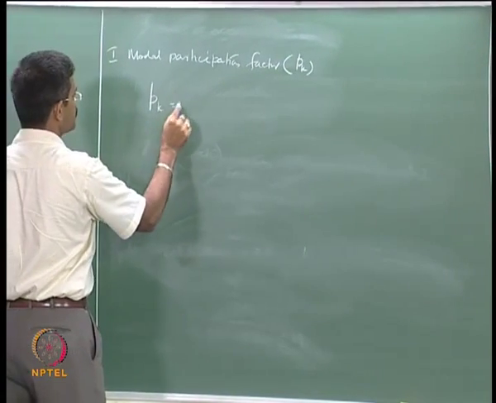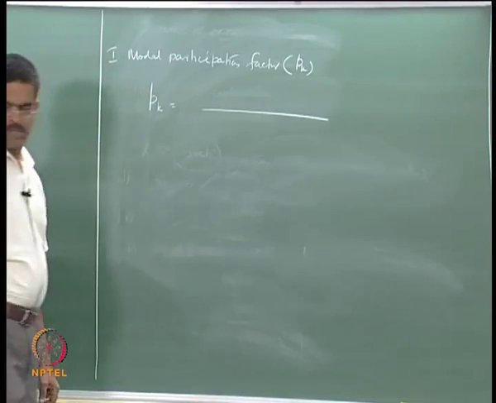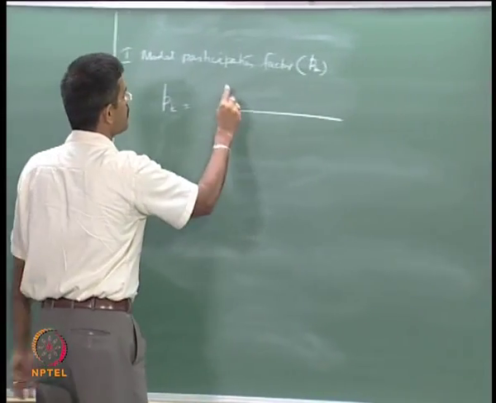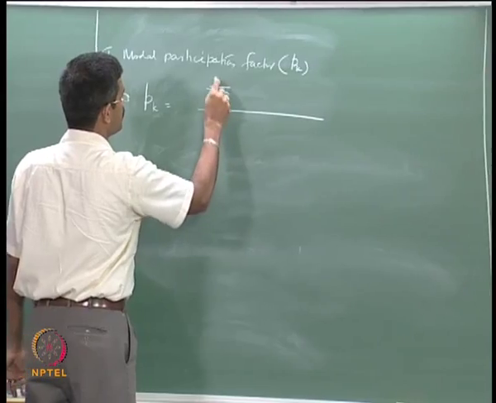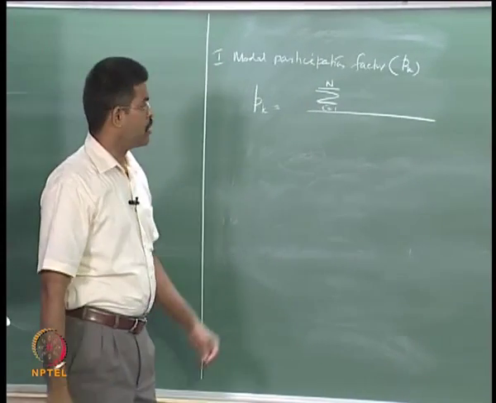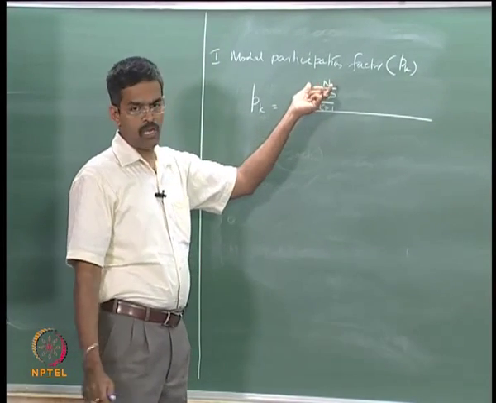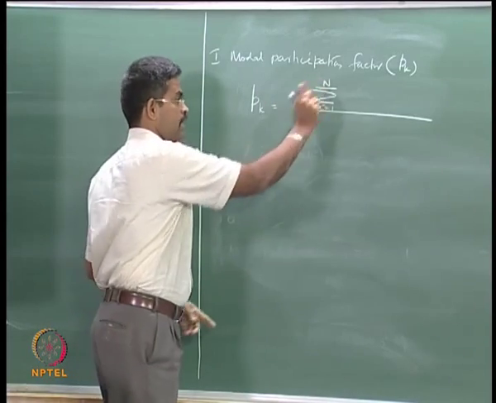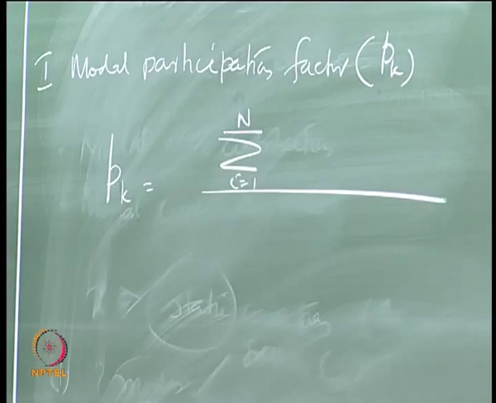Pk is given by the summation of i equal to 1 to n. In my argument I am picking this as n, I am not talking about truncation of modes. If it is truncated, then it is n hat, whatever the case we are considering.